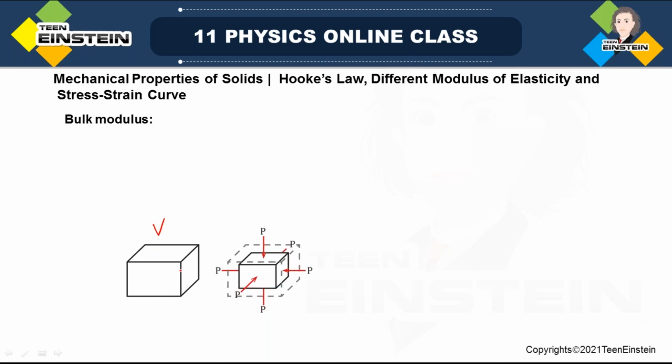It has a volume V. Now, on all faces, if pressure is given, then this rectangular block will have reduced volume. Suppose the change in the volume is delta V.